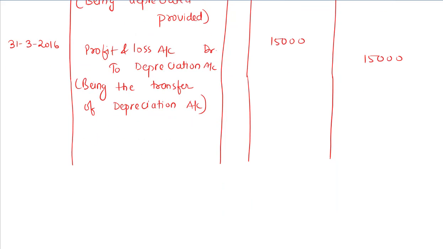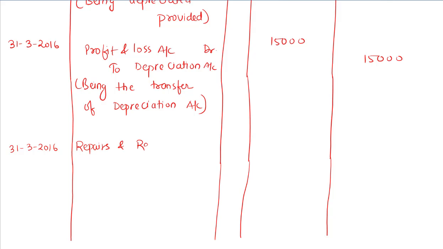Okay, so kindly pass the entry for repairs and renewal now. Repairs and renewal, 30th September 2016. Repairs and renewals account debit to cash account 2,000.